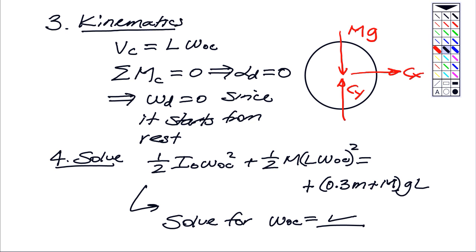So this problem was one using the work energy equation. We draw a free body diagram of the system as a whole and keep as many forces internal as we can. The work energy equation gave us 3 unknowns, so we had to appeal to kinematics. We needed to relate the speed of the center of the disk back to the angular speed of OC.